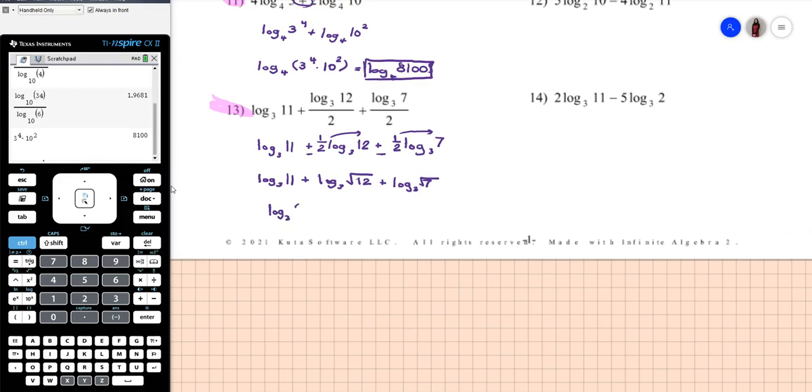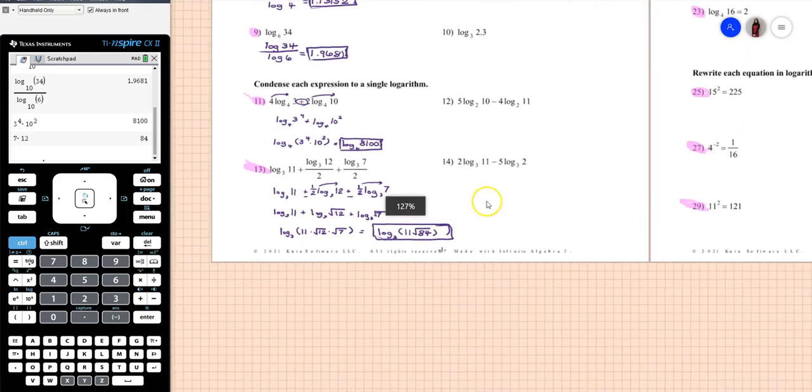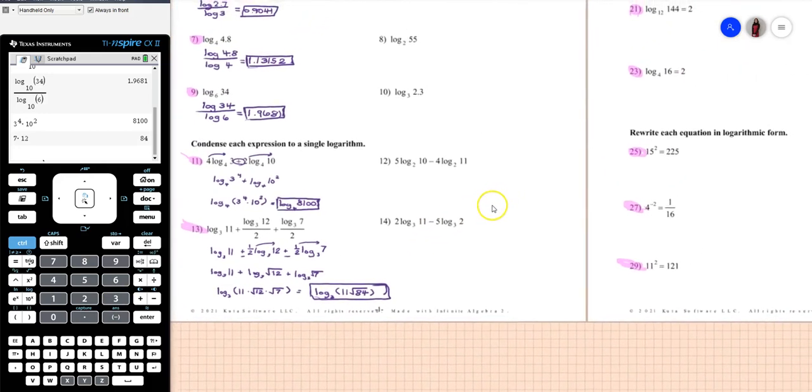Log base 3 of 11 times the square root of 12 times the square root of 7, which is log base 3 of 11 square root 84, I think. What's 7 times 12? Yeah. And so we could find the prime factors and simplify that radical, but that's not what we're doing on this test. We're just finding our knowledge with logs, so we're going to leave it there.